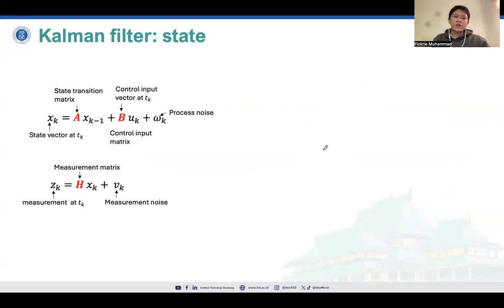So we're going to talk a bit about the equations. We've been talking about the concept of Kalman filtering, and now we're going to talk more about the equations, which are here.